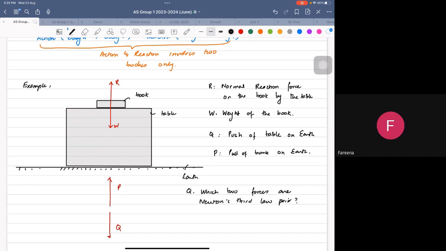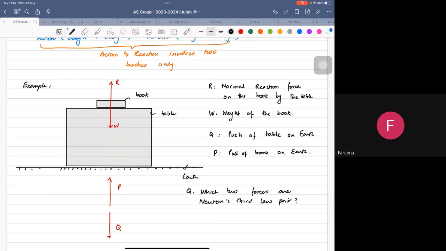P and Q. Why is that? It's like push and pull, an action and reaction. Okay, it's push and pull, which is action and reaction.